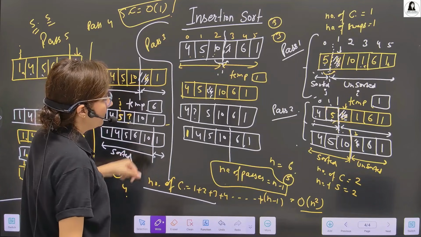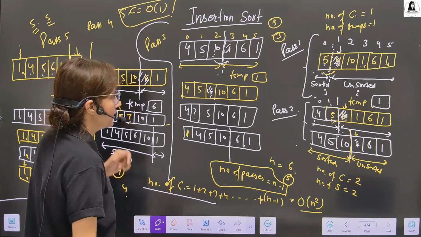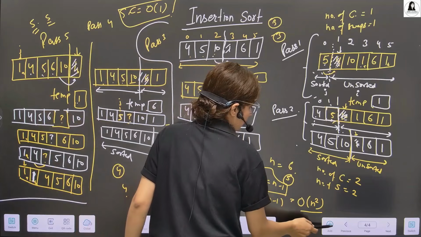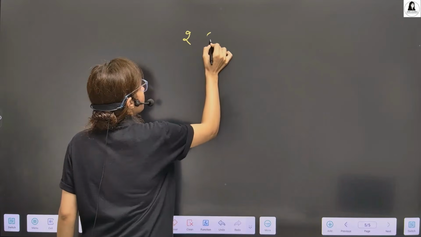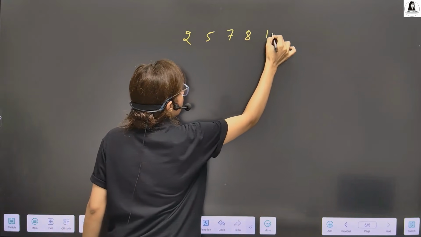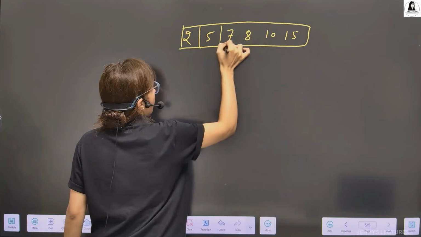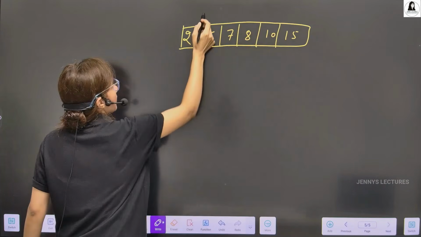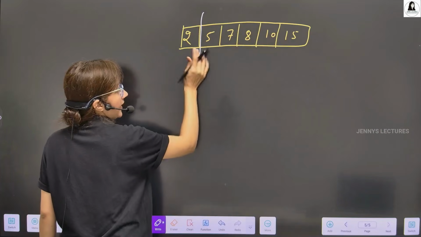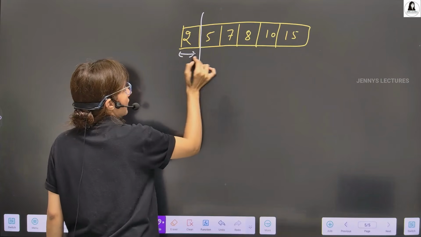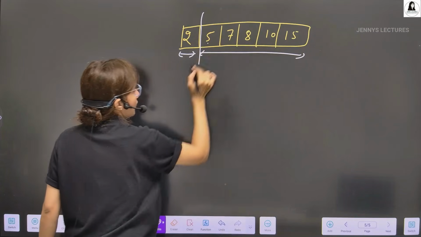Is it adaptive? Let's see. If my array is something like this, already sorted. At first, I'll just take this as my sorted portion and I'll start from the second element. So I'll take 5.